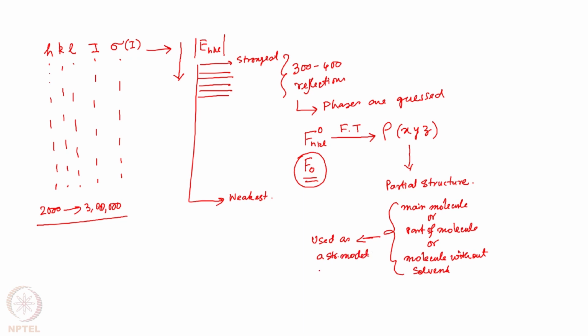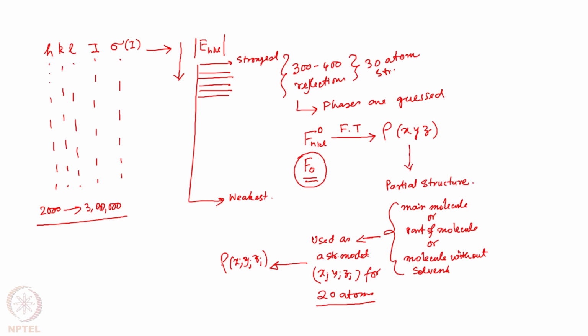From this model structure, where we know a large number of XYZ, so Xj, Yj, Zj values for, say, about 20 atoms, if the structure is about a 30 atom structure, and we know the positions of about 20 atoms from this initial structure solution method, we take those 20 coordinates, the corresponding rho Xj, Yj, Zj, which are then known, because now we know what atom is at what location.